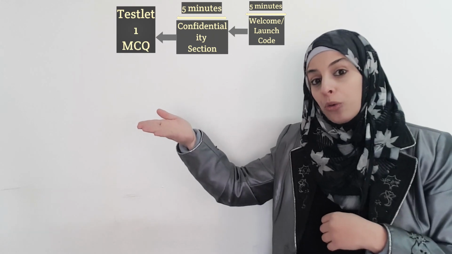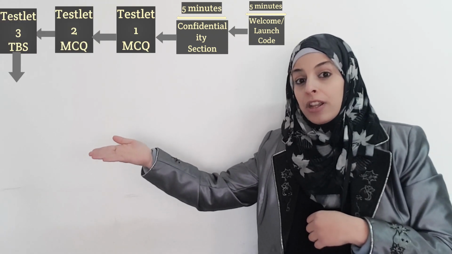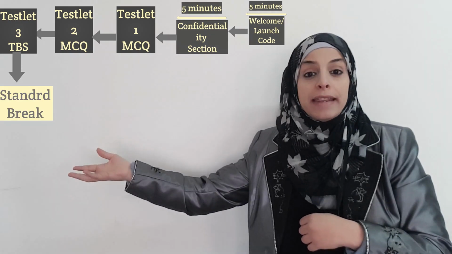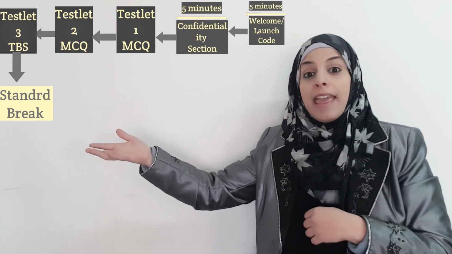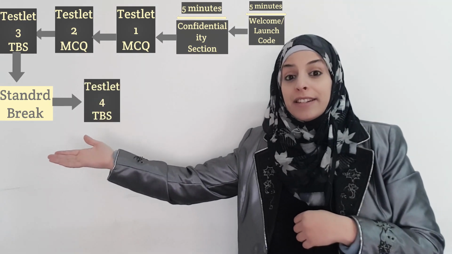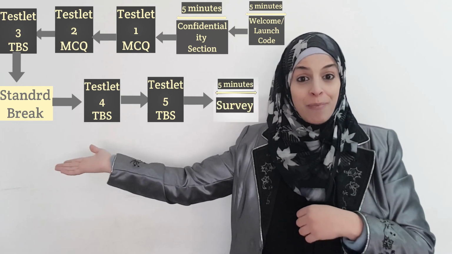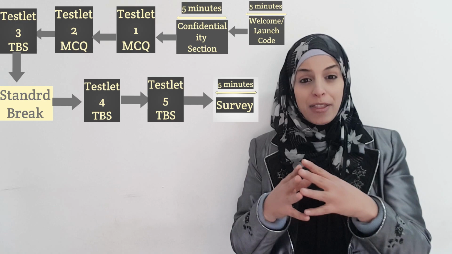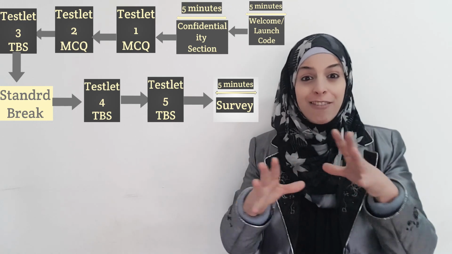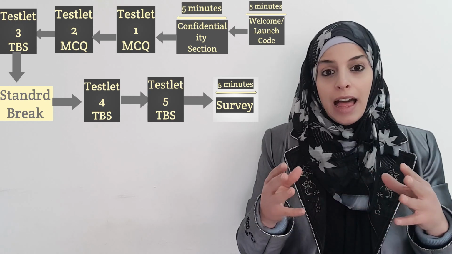You go through testlet number 1, testlet number 2, and testlet number 3. You will then have a 15-minute break, and then you have testlet number 4 and testlet number 5, and finally a 5-minute survey. This is the general structure of the CPA exam, and it's the same for all 4 parts of the CPA exam.